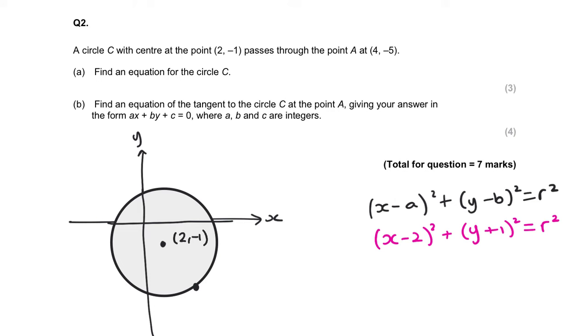Now they've already given another point here, which is (4, -5). If we have the centre and a point on the circumference, are we able to find the length? We can find the length, absolutely. If I draw a straight line here, remember, with these coordinates you can always make a right angle triangle and use Pythagoras.